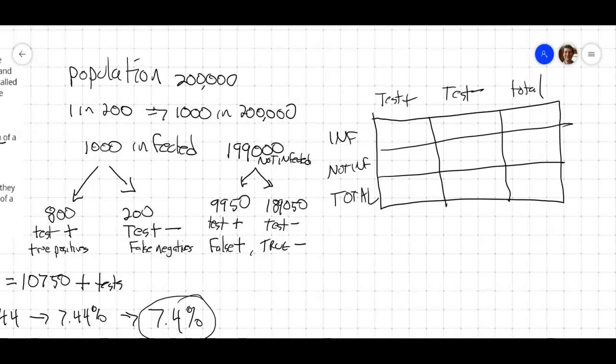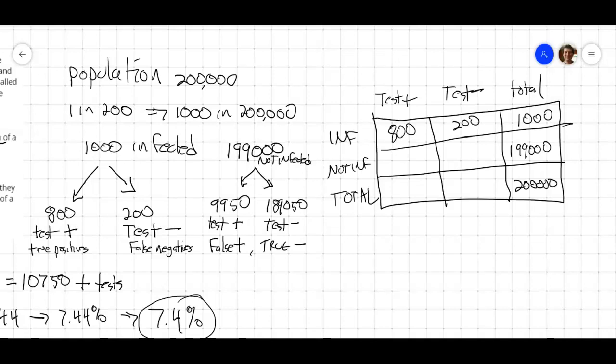So the grand total, we're working with 200,000 people. Infected, we worked out that there's 1,000 total people infected. And that gave us the rest of the people not infected.